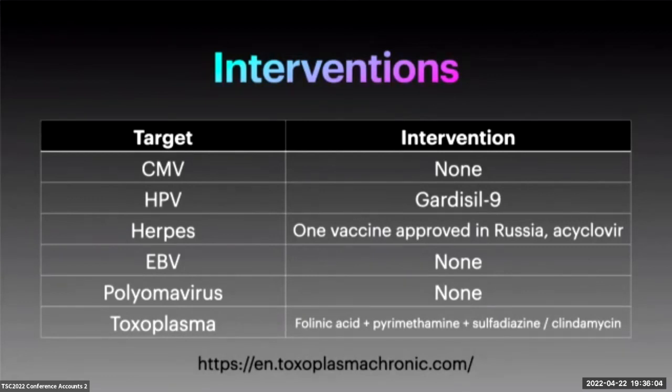And the only intervention for Toxoplasma latent infections is designed by a Dr. Uwe in Germany. What he's been doing is giving people folinic acid plus Daraprim, the famous drug that Martin Shkreli purchased the patent for and increased the price of to insurance companies.